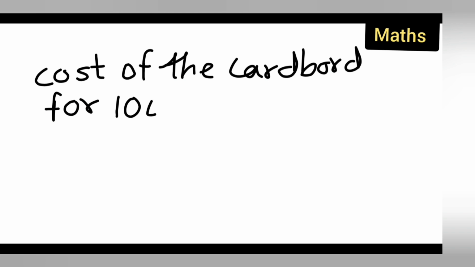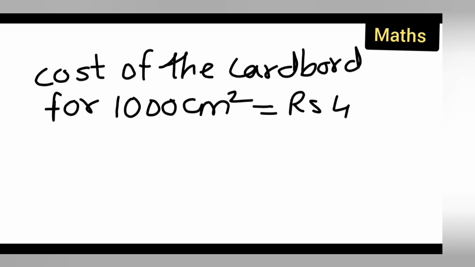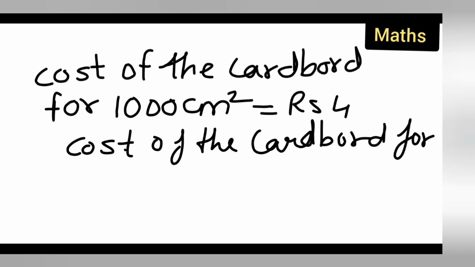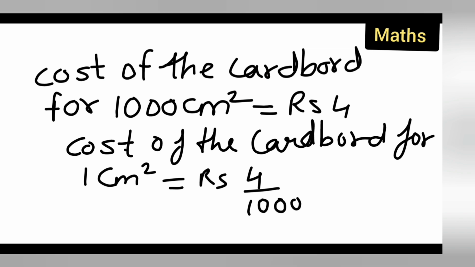So cost of the cardboard for 1000 centimeter square is equal to rupees 4. So cost of the cardboard for 1 centimeter square is equal to rupees 4 upon 1000, right?